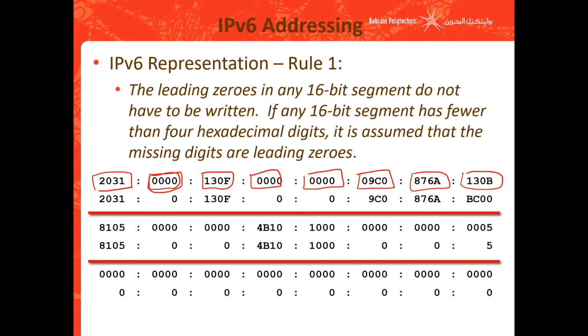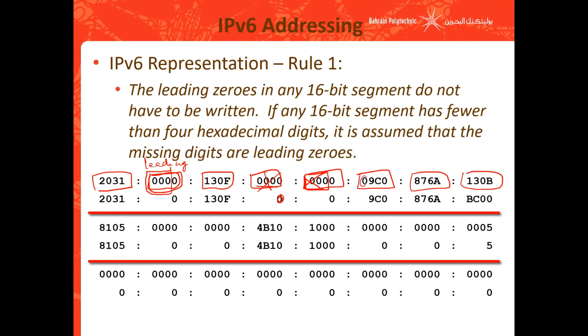So instead of writing 0 four times, you can just remove the leading zeros. These are considered leading zeros, so you just remove them and leave the last one. That's another way of representing this. Similarly, here you have 3 leading zeros. You can remove those and just write the last 0.